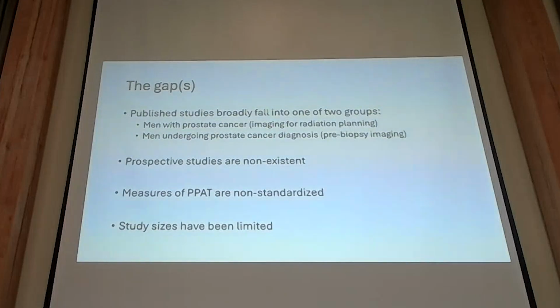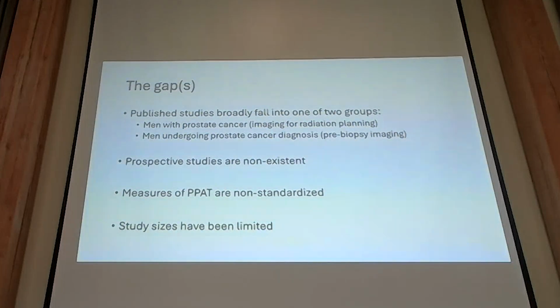Because of the need for medical imaging to quantify this fat, they're either performed in men who are undergoing, say, radiation therapy for prostate cancer, so they're getting imaging to plan that treatment, or perhaps men undergoing that sort of diagnostic pipeline for prostate cancer, so they're having imaging for that purpose. So these studies are performed in men with or under suspicion of having prostate cancer. Prospective studies are completely non-existent in this space.